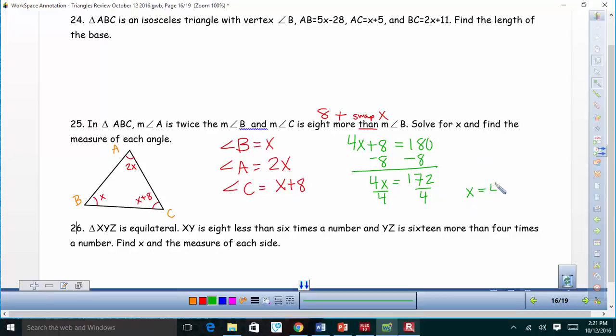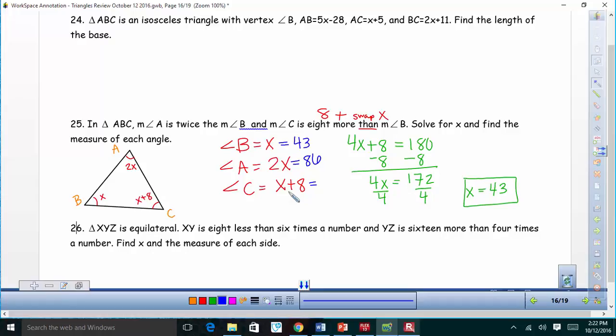is that right? 43. Okay? Now, to find each angle, since x is 43, that means measure B is 43. Then to find A, we'd have to do 2 times 43. So that's 86.